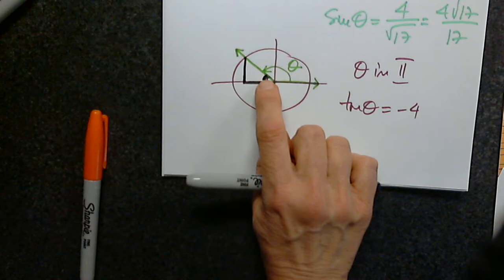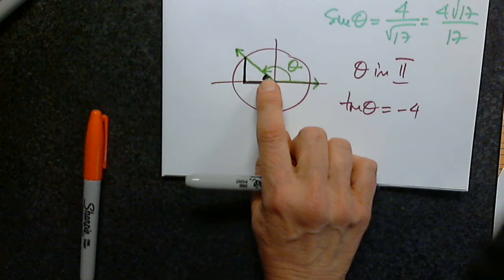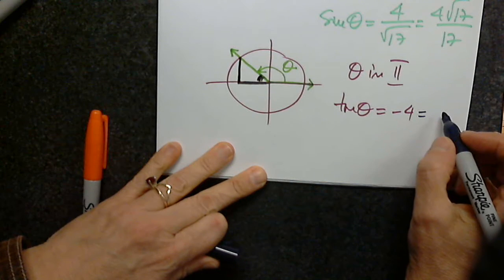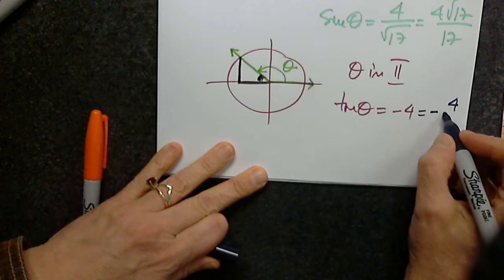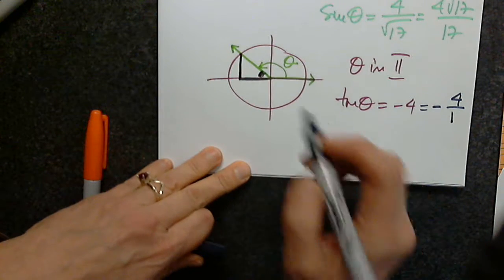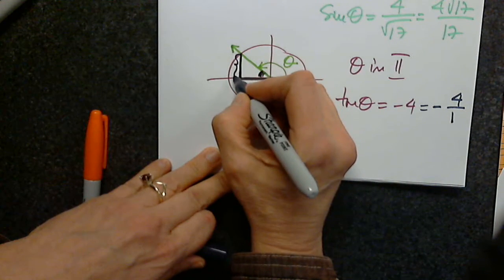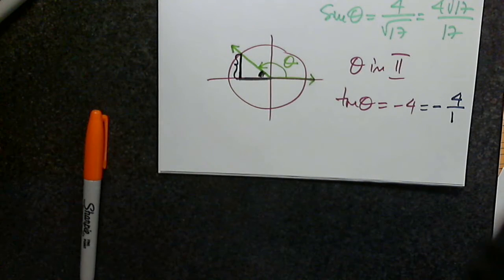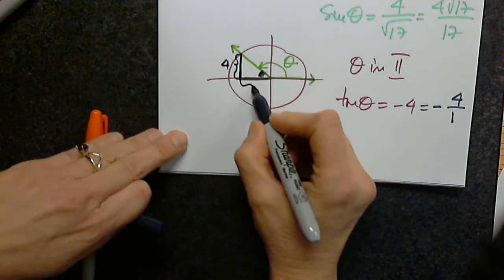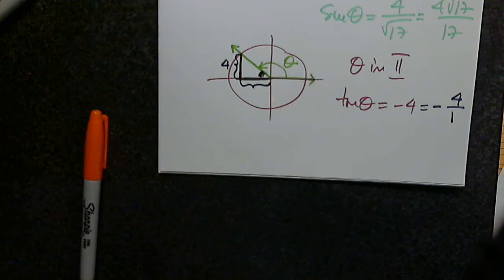So for this angle, I am basically told that tangent equals -4/1, meaning this piece is positive because it's above the x-axis, 4, and this piece is negative because it's going the opposite direction of x.